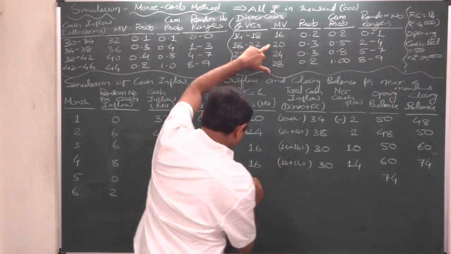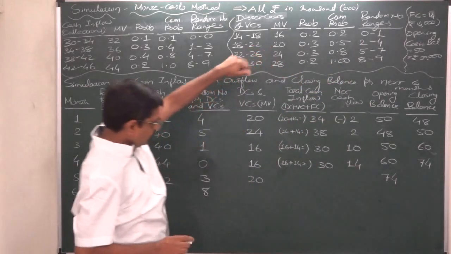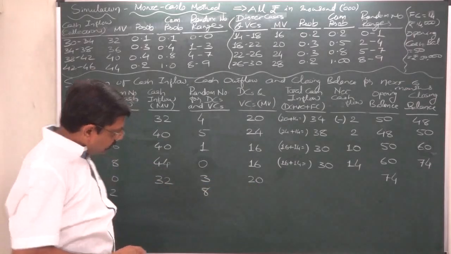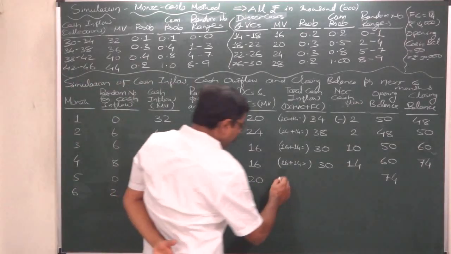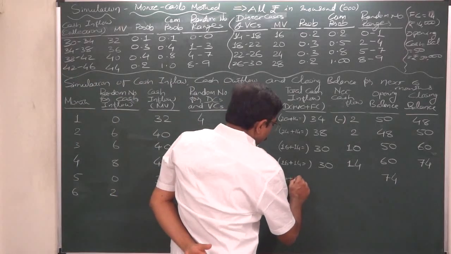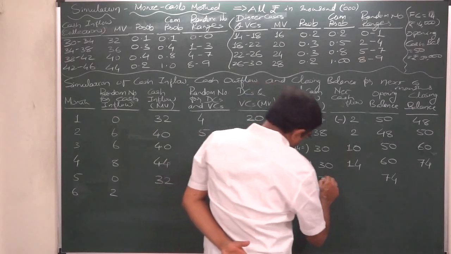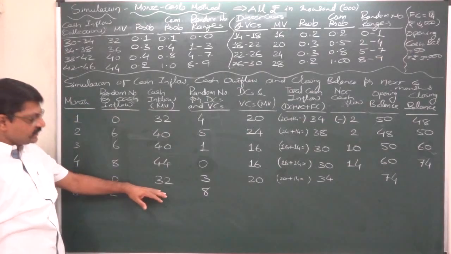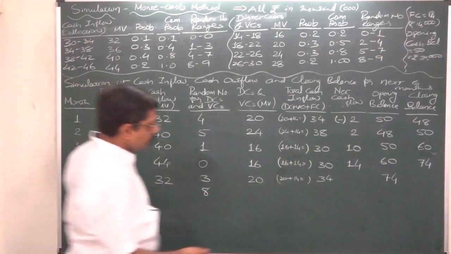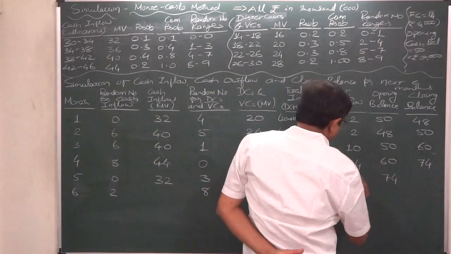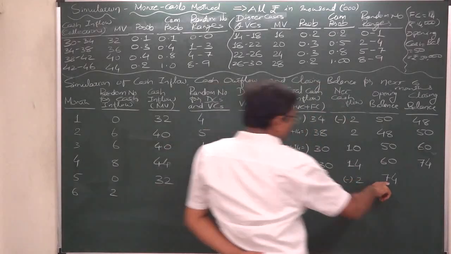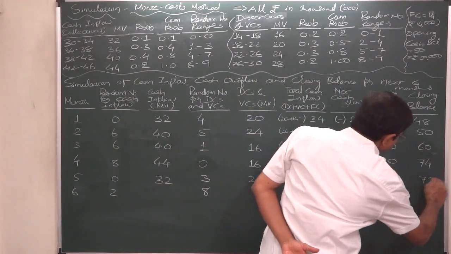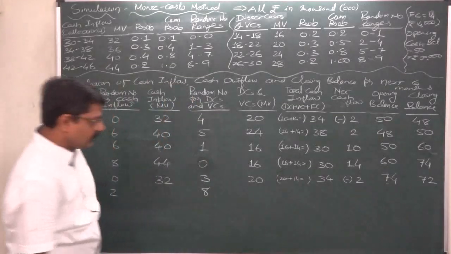There will be direct and variable cost cash outflow of 20,000. 20 plus 14,000 fixed cost, so total cash outflow can be 34,000 against cash inflow of 32,000. So a deficit of 2,000. These 2,000 will be paid from the opening balance. So the closing balance will be now 72,000.